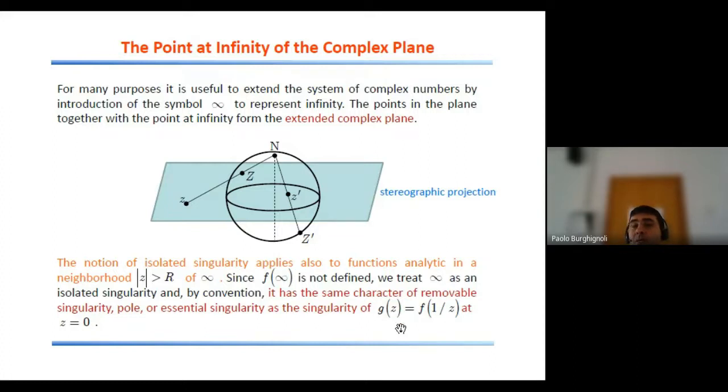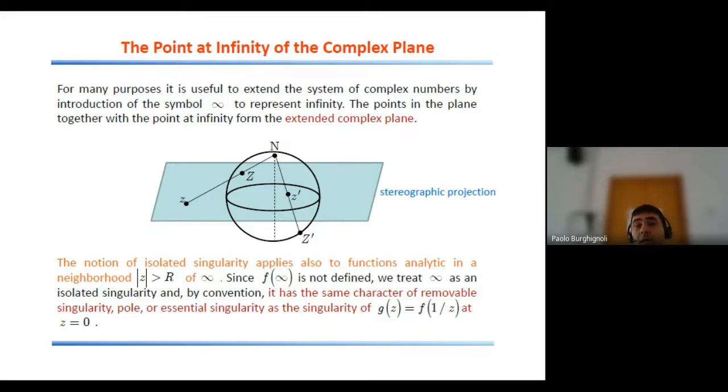Now we can classify this isolated singularity. There are three cases. It can be a removable singularity, a pole singularity, or an essential singularity. And then we apply this classification to the function f. So we say that infinity is a removable singularity if the function f is bounded in its neighborhood, or the function f has a pole singularity at infinity, and in that case it has a behavior like a polynomial.